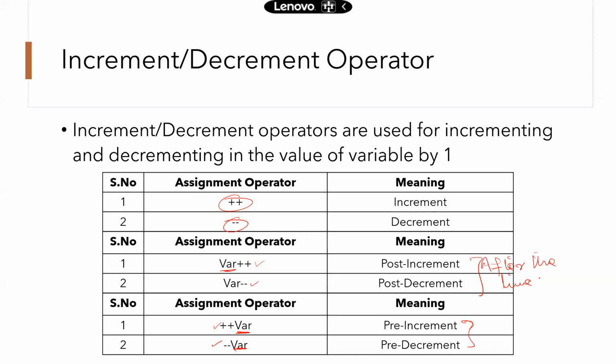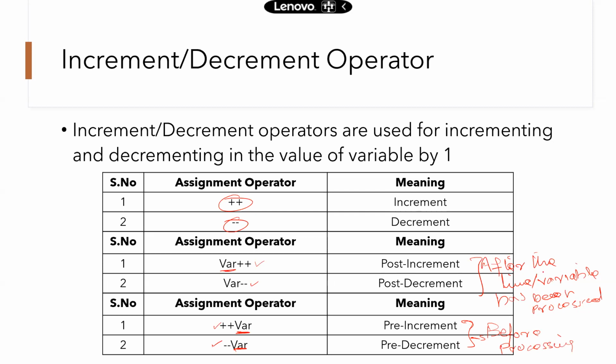Whereas the pre-increment is going to increment the value of the variable before processing.